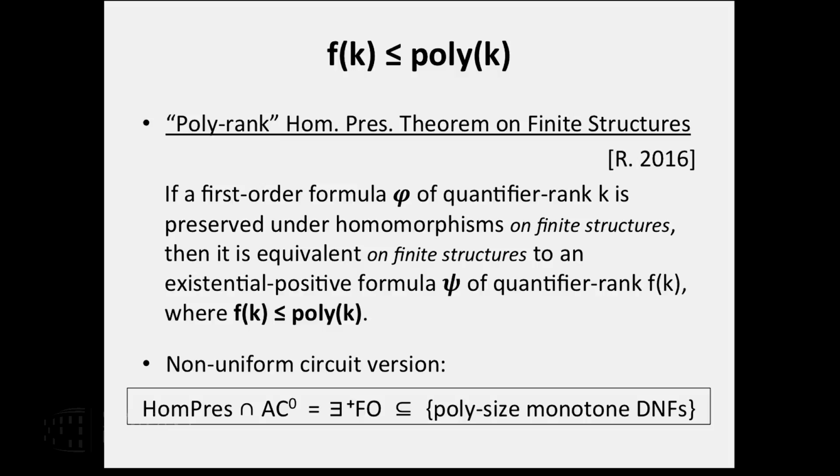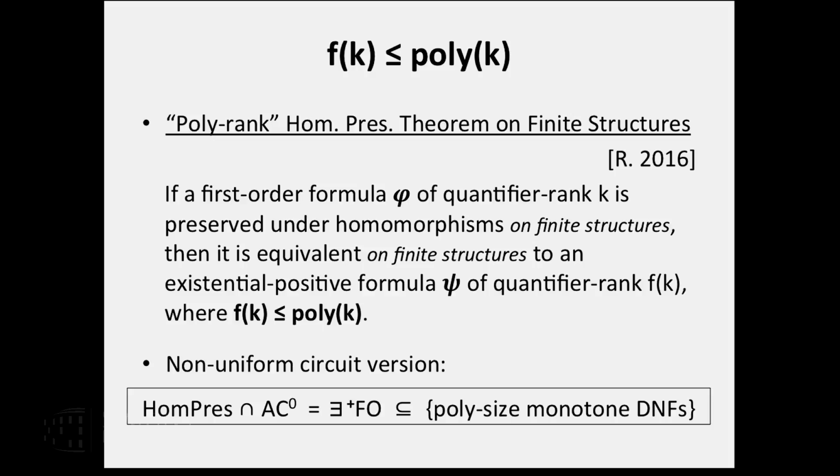Here we show that the semantic class of homomorphism preserved graph properties that are definable in AC0 coincides with the syntactic class of existential first order logic, which is contained in polynomial size monotone DNF formulas, so just depth 2 formulas.